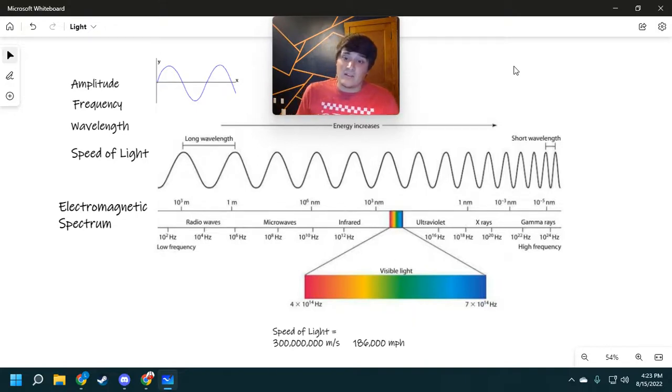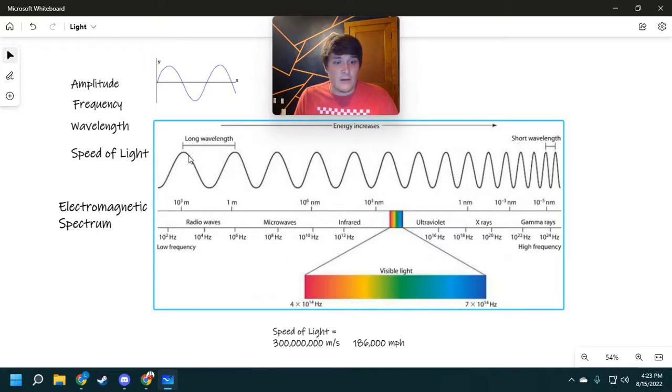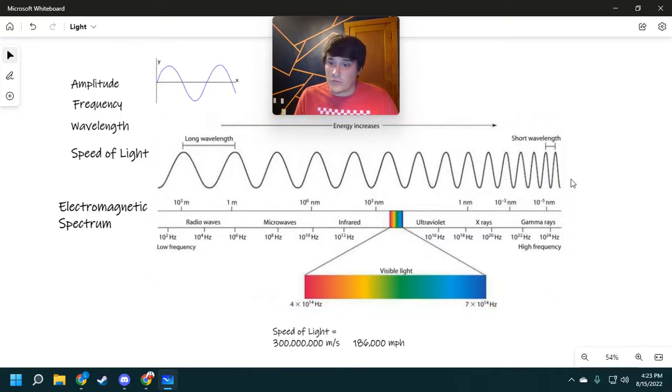The wavelengths that you can see here start out relatively long and then get shorter and shorter and shorter. So it's a scale going from low energy waves and then getting more and more high energy as the scale goes on.